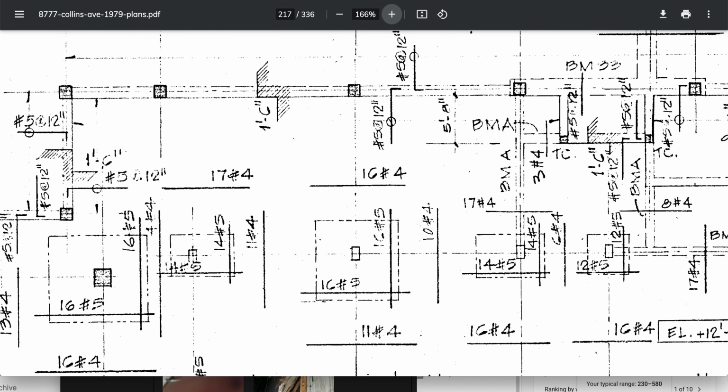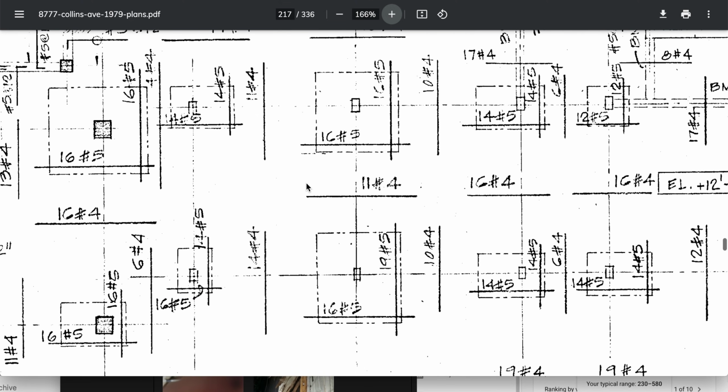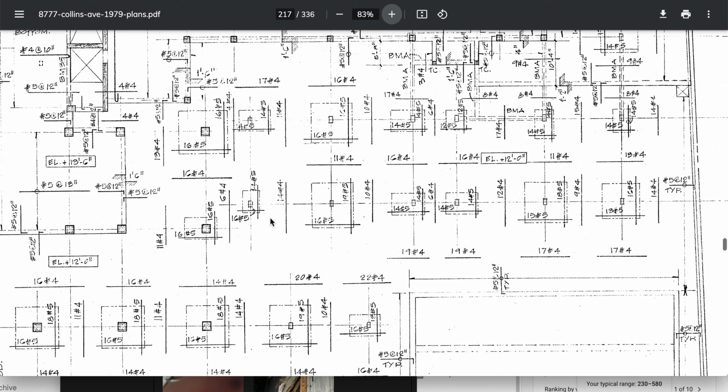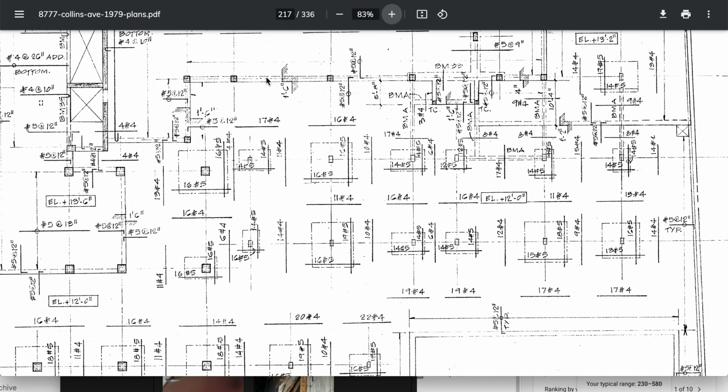So here's the evidence now, tying this pad into right here, into the existing, and over here. There's space 12-inch on center all the way down, and it's the cross steel that's supposed to be there. This is the evidence now showing that the pad was tied into and connecting to the columns of the existing structure. It was not freestanding. The structure, the pads, the deck was not freestanding.